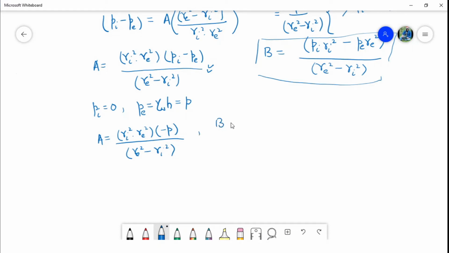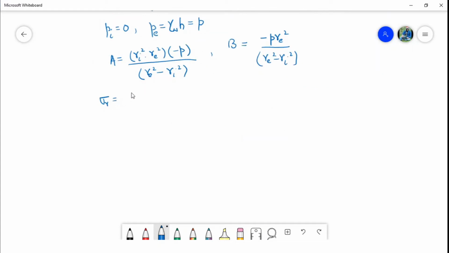And this is B, so this will be minus P Re square over Re square minus Ri square. Since the radial stress is A over R square minus B.